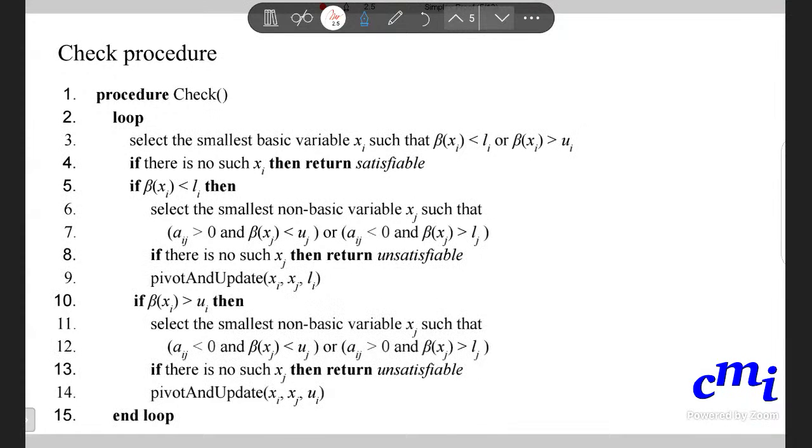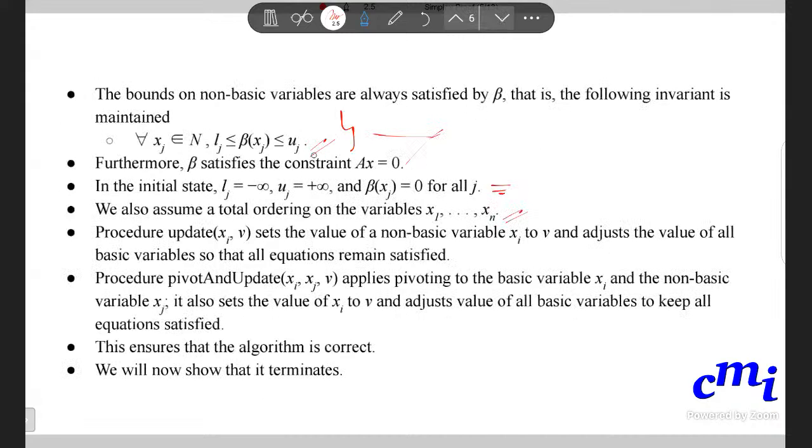So if it does give satisfiable, that means all the xj's are within their respective bounds, and so the algorithm is correct. That is just a simple thing. Now the main part of the proof is to show that it terminates.